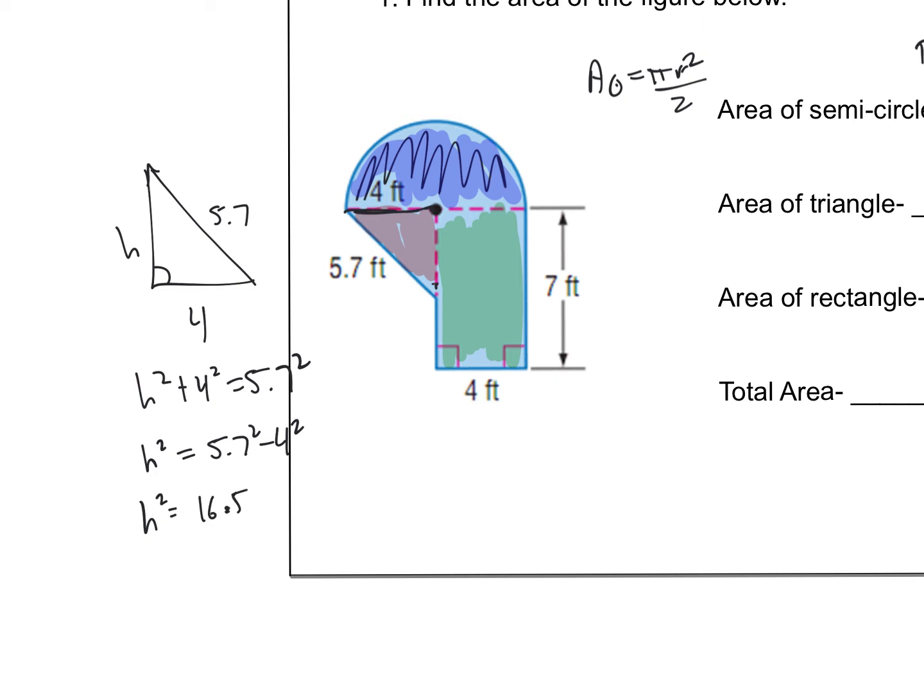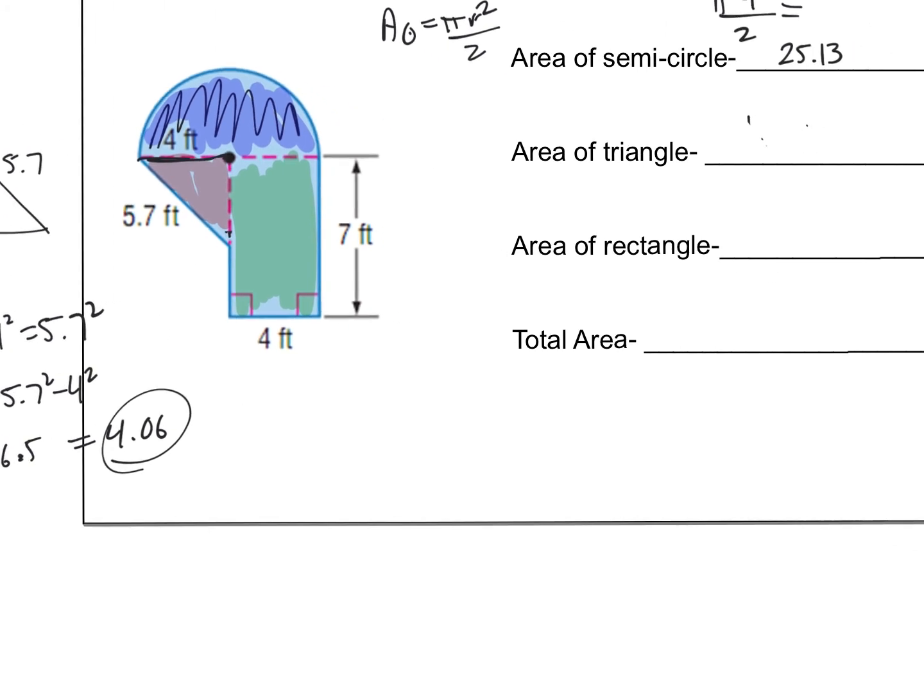So when I square root that, I get 4.06. So very, very close. I mean, if you called it 4 times 4, I probably wouldn't count it wrong. So base times height divided by 2, you end up with 8.12. So there's my area there.